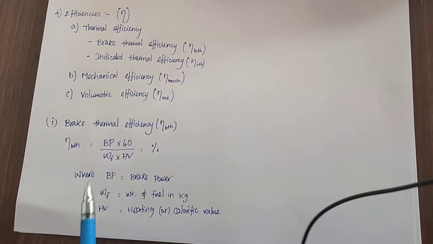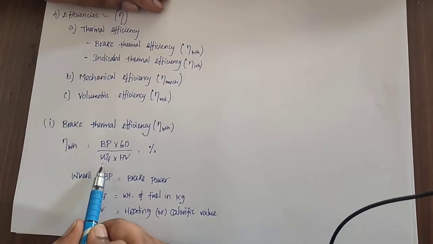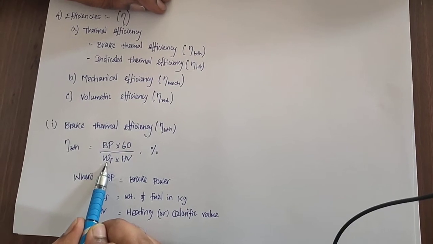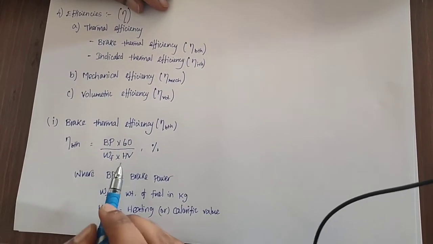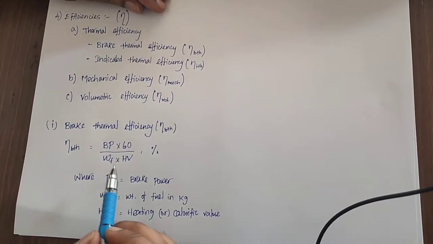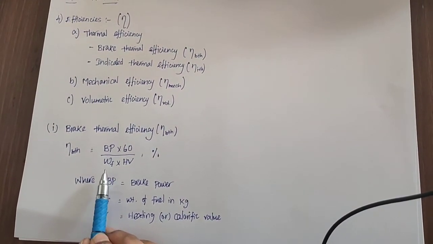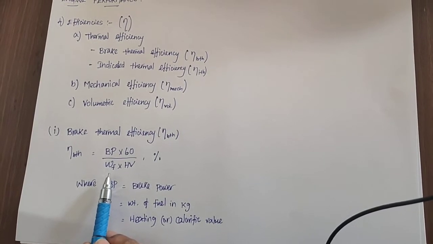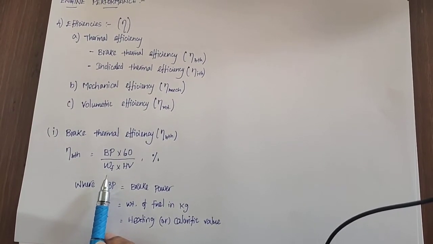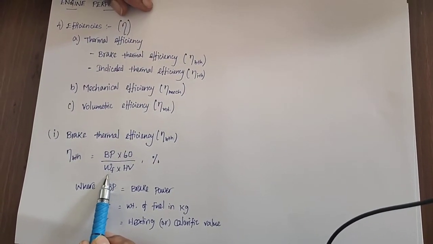I will explain. For example, if you have supplied 1 kg of fuel, heating value, or calorific value, means the energy present in the fuel. If you have 1 kg of fuel, how many kilojoules of energy are present in this 1 kg of fuel?